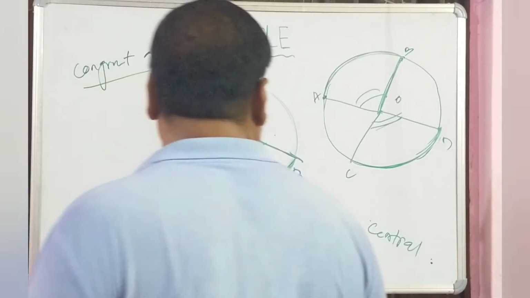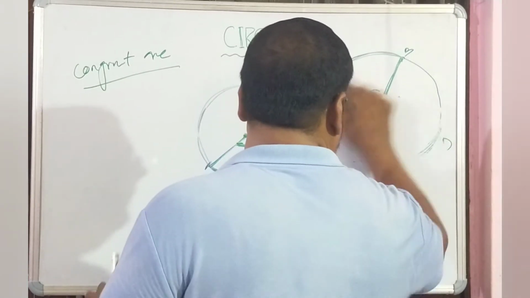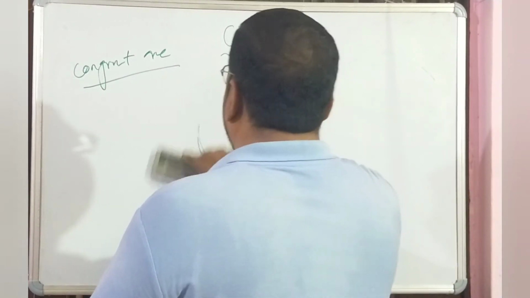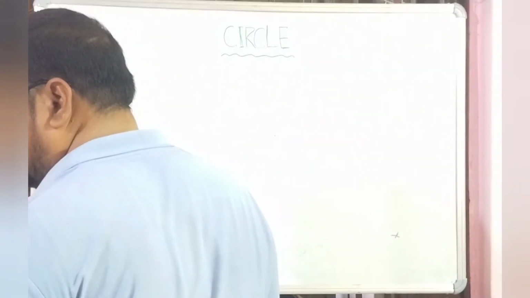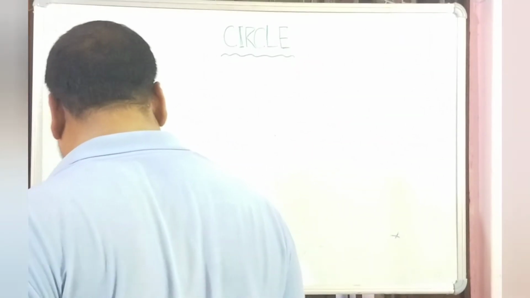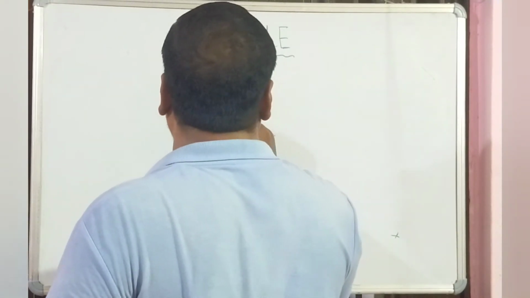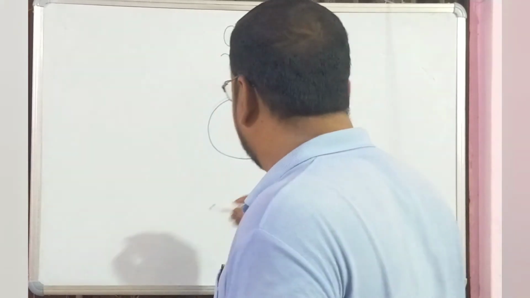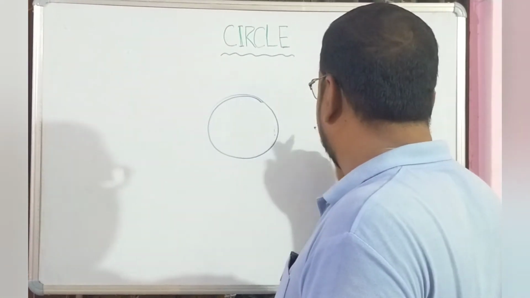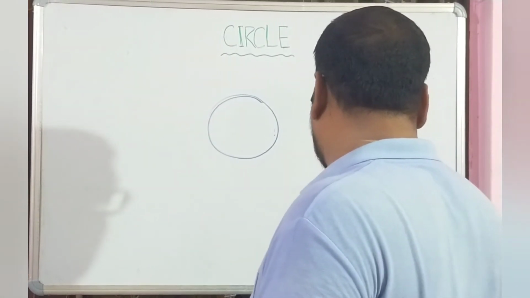Then what is a congruent circle? Two circles are said to be congruent if their radii are the same. Suppose this is a circle and this is another circle.